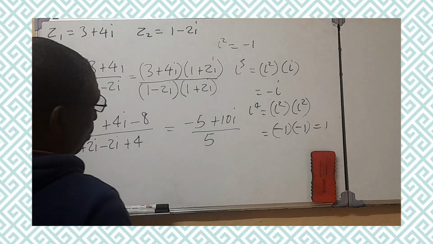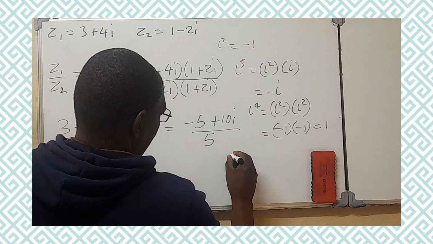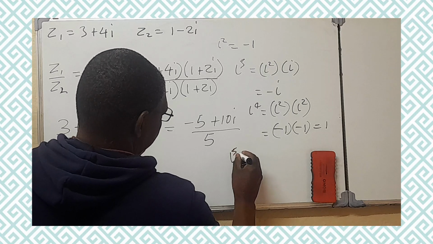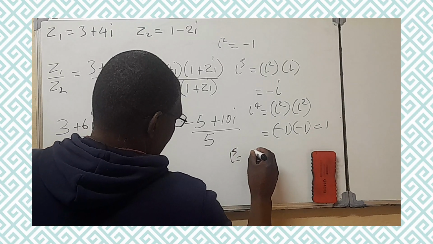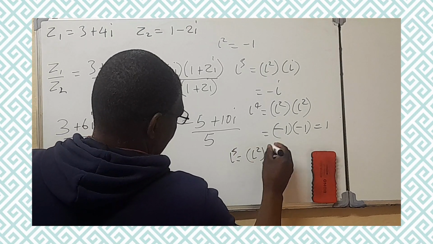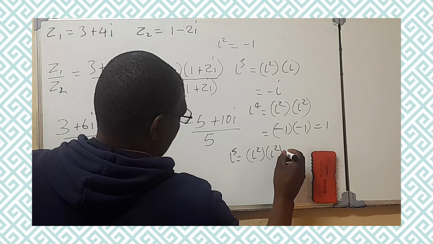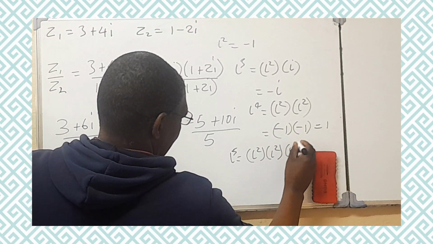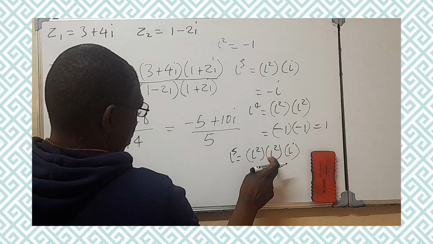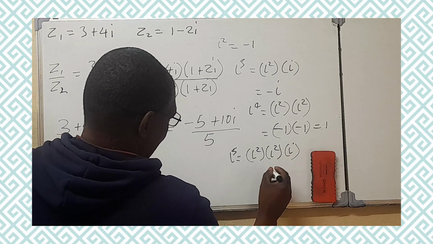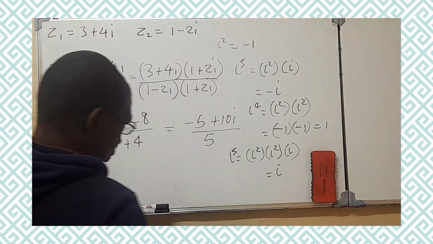i to the power 5 is equal to i squared times i squared times i. Well, these two gave us a plus 1, so combined with that, it just gives us an i.